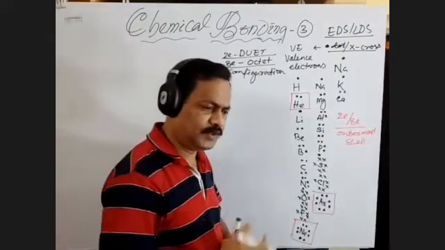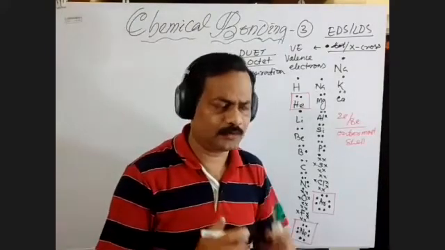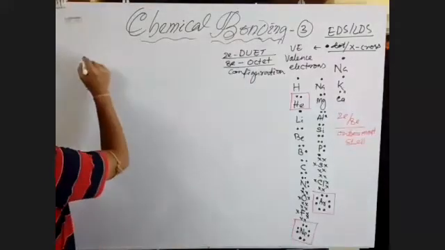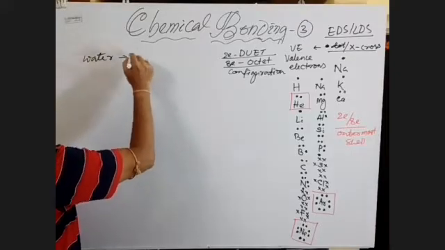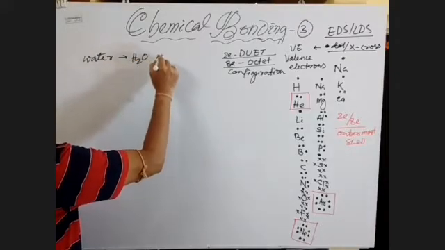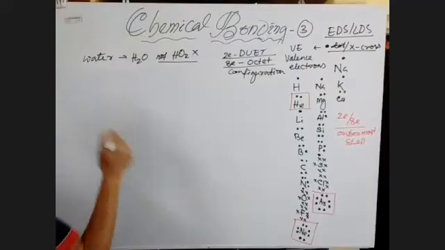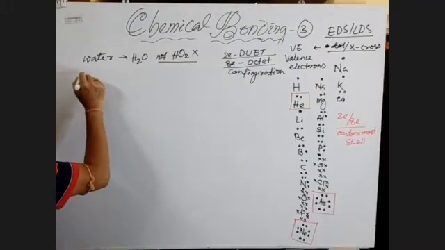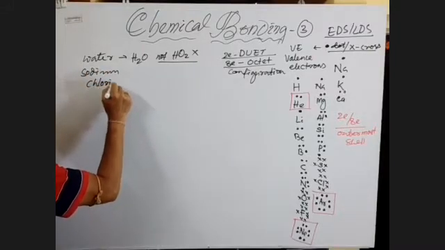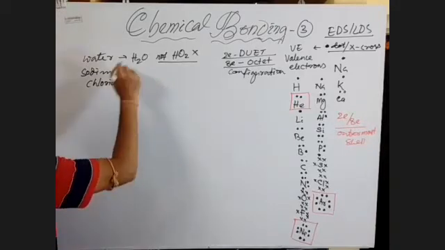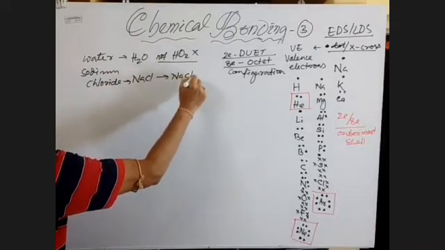Now, another question we kept: why does the water molecule have the formula H2O, not HO2? Similarly, why does sodium chloride have the chemical formula NaCl, not NaCl2?